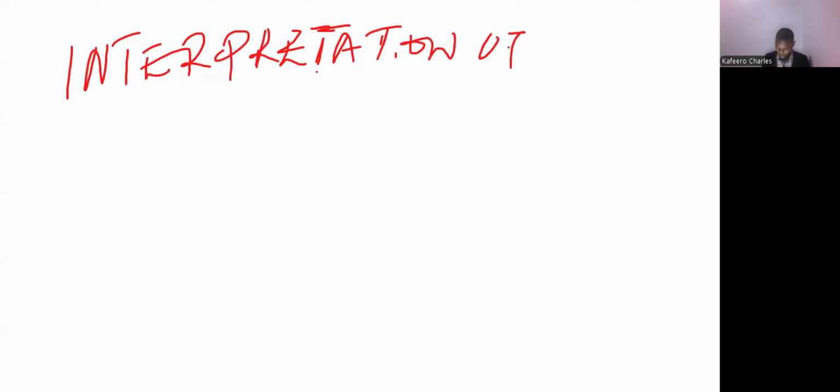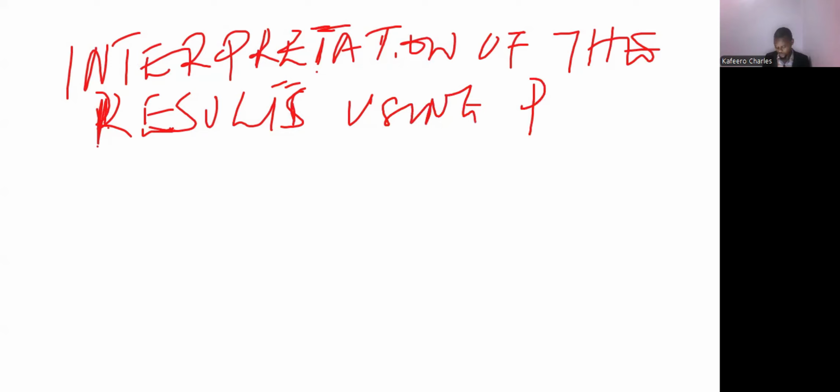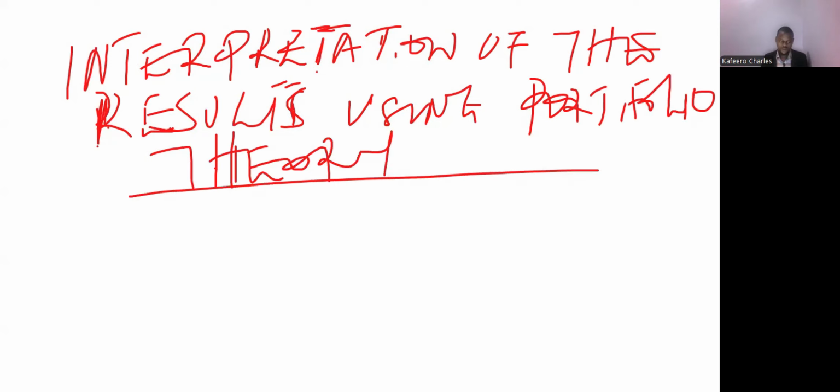So, interpretation of the results using portfolio theory.